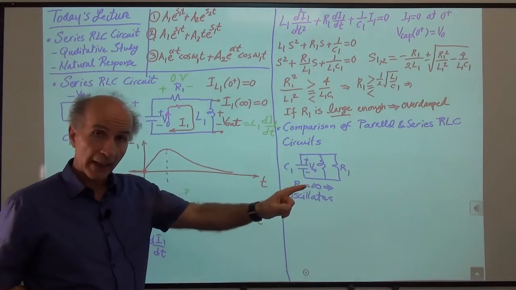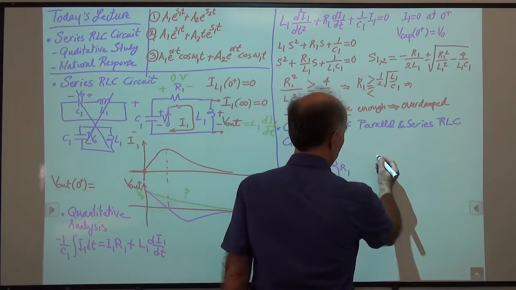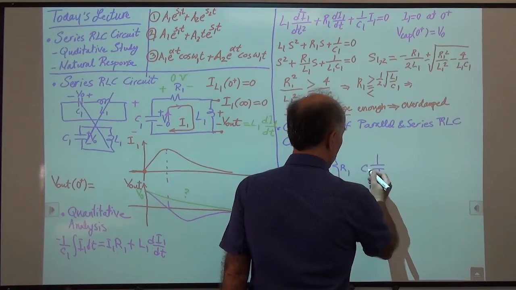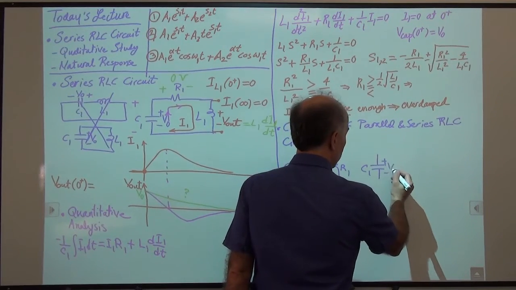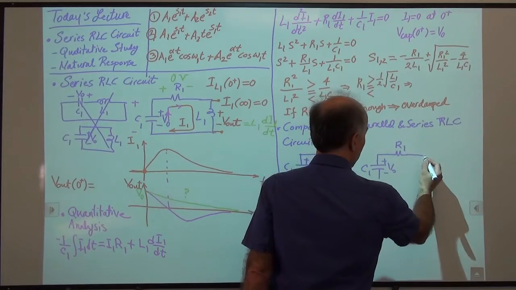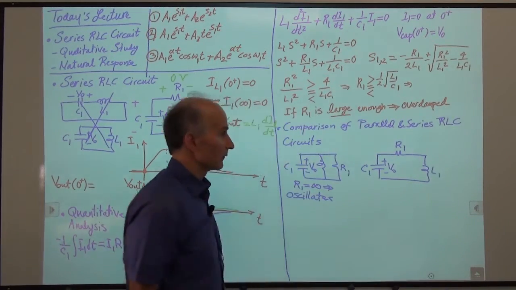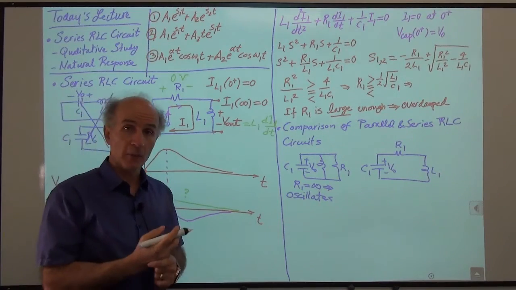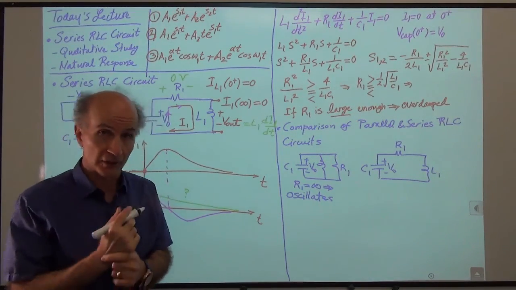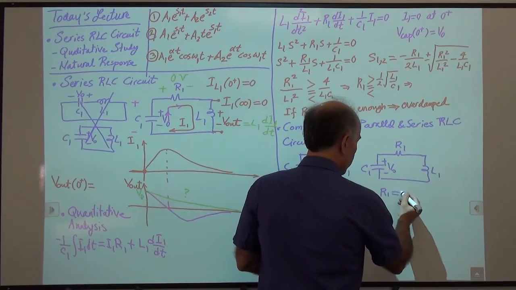Now let's go and look at the series combination. So here's the series combination. I have C1 starting with initial condition V0, then I have R1, and then I have L1. So this time I'm going to start with R1 equals 0 and see what happens.